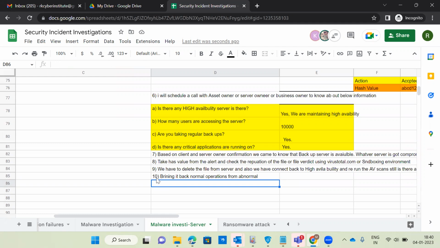And we also have to see whether any data breach has happened. Additionally, the 10th point: bring it back to normal operations from abnormal.